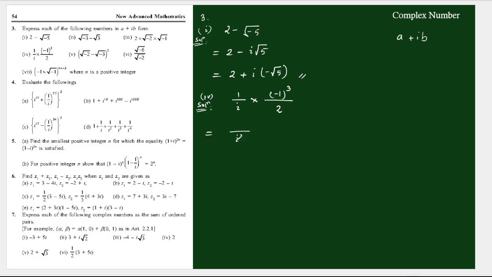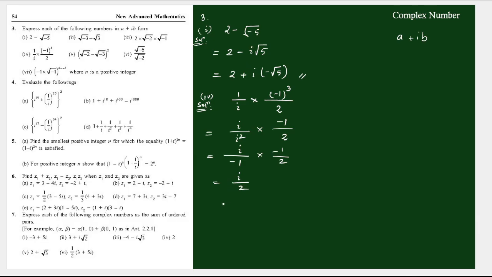We'll make it into i square, then here it will become i, and this is your minus 1 cube. You have got 2, then i square is nothing but minus 1, so minus 1 i by 2, minus minus becomes positive, so you got i by 2.